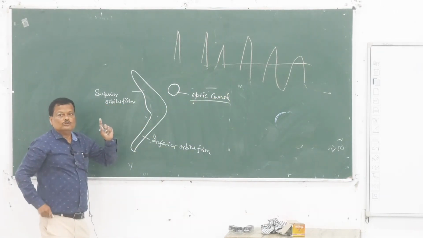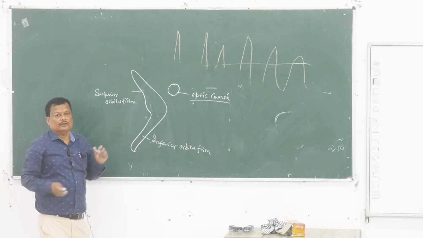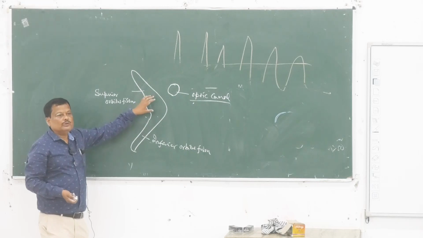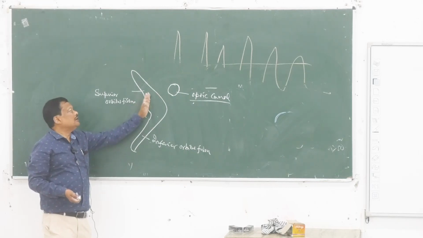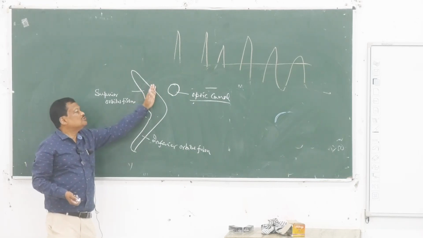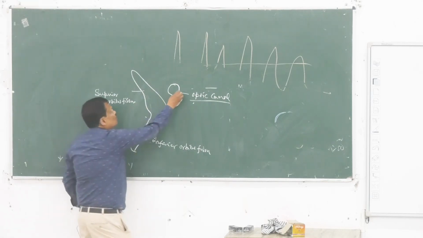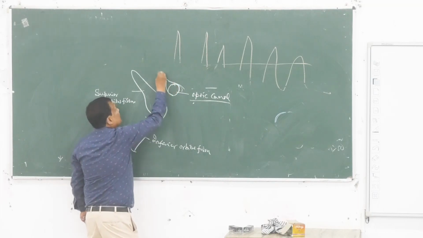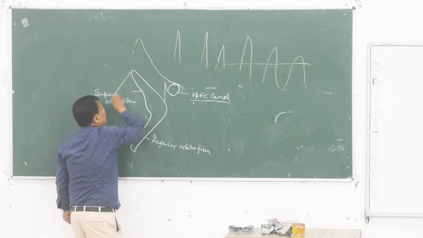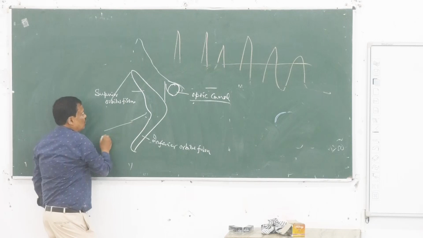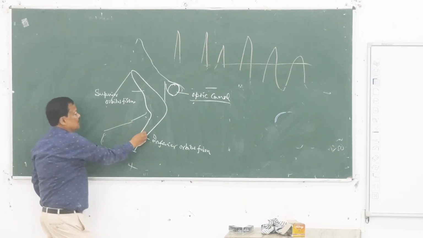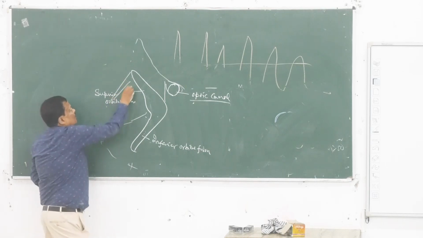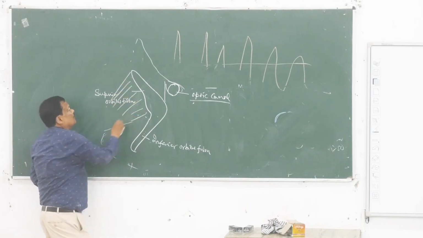Just memorize the boundary I have been describing. Superior orbital fissure is a fissure or a gap between the lesser wing and the greater wing of the sphenoid bone. The upper one is the lesser wing, which has two roots, an upper root and a lower root, and between them is the optic canal. This is the greater wing, and this is the orbital surface of the maxilla where the inferior orbital fissure is situated. This is the orbital plate of the greater wing.